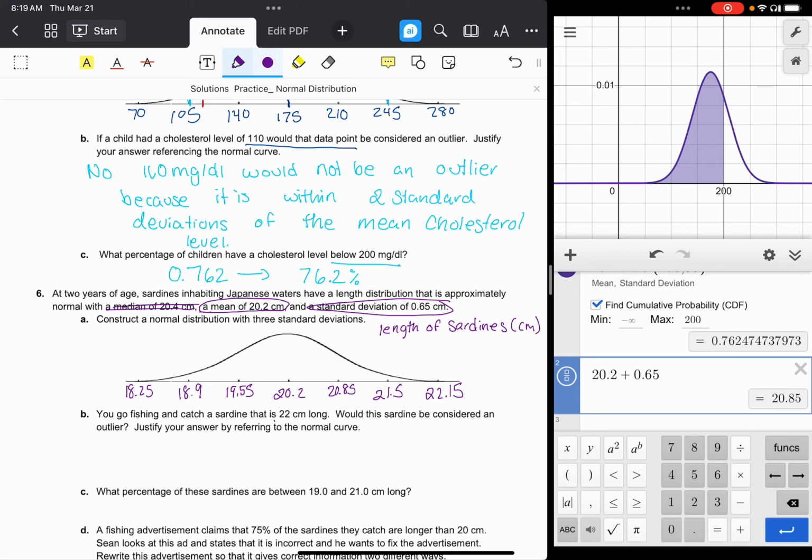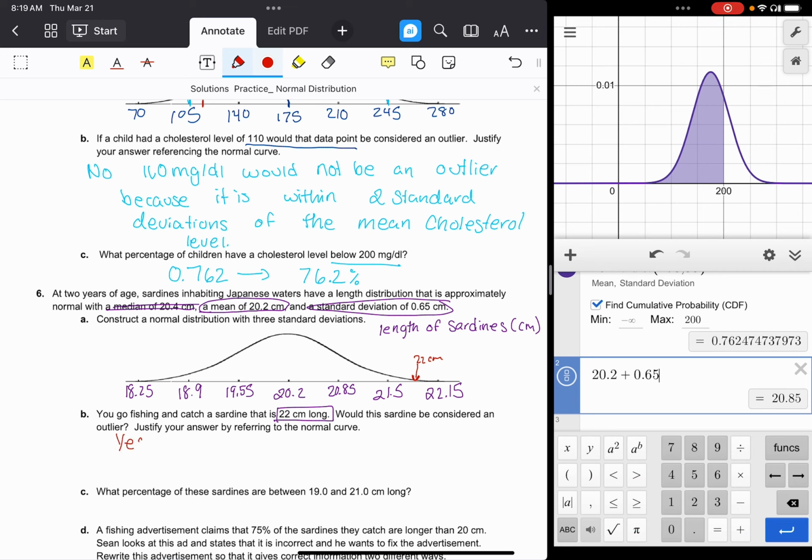If you go fishing and catch a sardine that's 22 centimeters long, would this sardine be considered an outlier? Well, 22 centimeters is going to be, pretty much, right around there, maybe a little closer to the 22.15. So that's between 2 and 3 standard deviations away.